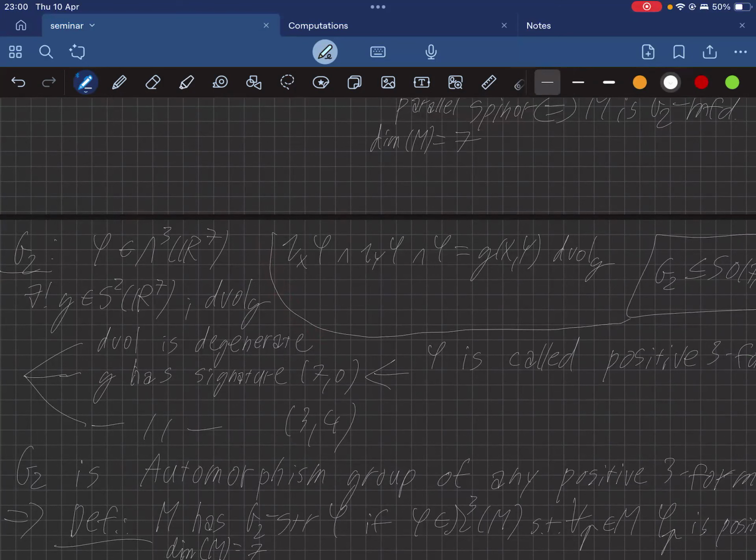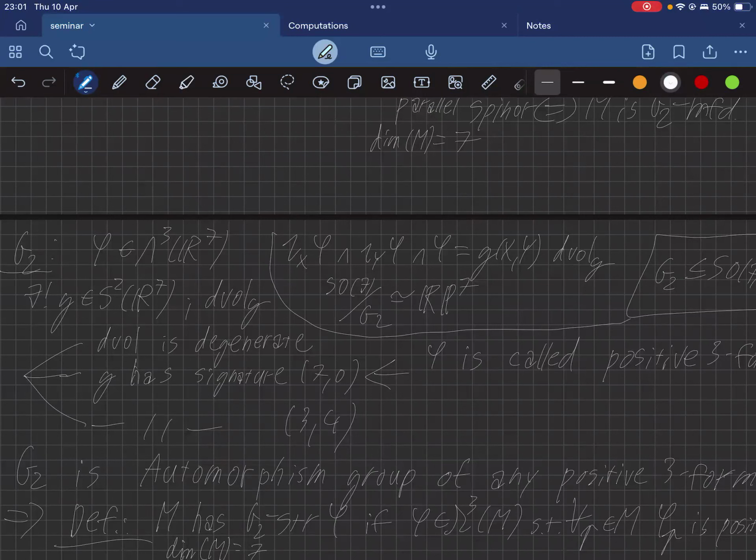So essentially you're looking at this homogeneous space. This homogeneous space tells you all the G2 forms that give you the same metric and same volume form. And this homogeneous space is actually isomorphic to RP7. I see.